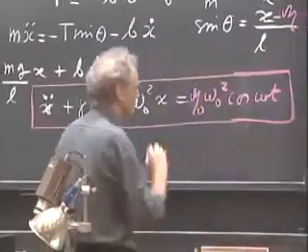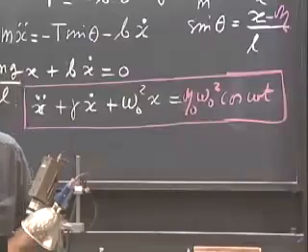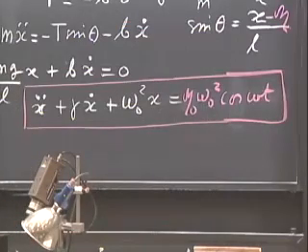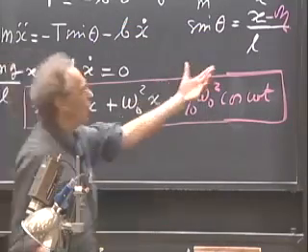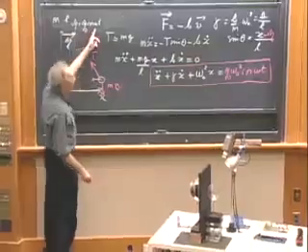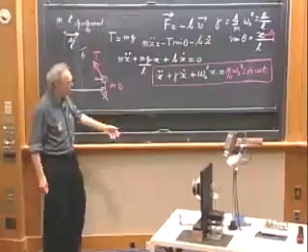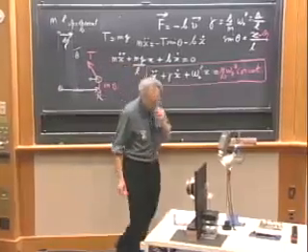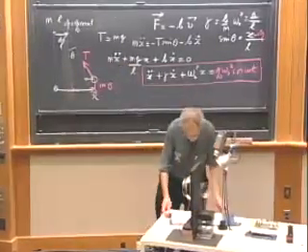My omega. So instead of sine theta being x divided by L, all you have to do is this. You know that eta is eta 0 cosine omega t. You carry that through, and you will see that your differential equation now changes.